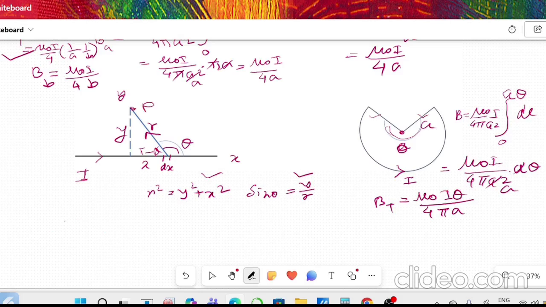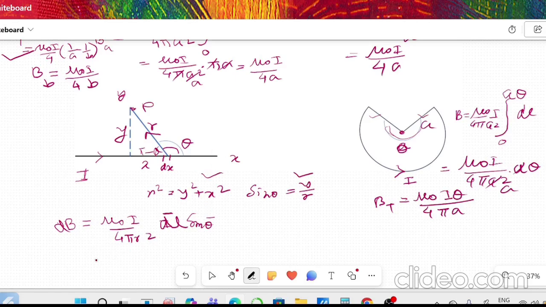So here, by the Biot Savart law, delta B is simply mu 0 I divided by 4 pi r square, and I into, sorry, I is already taken, so just delta L, and sine theta also. Now here delta L, r square and theta are not actually constant.